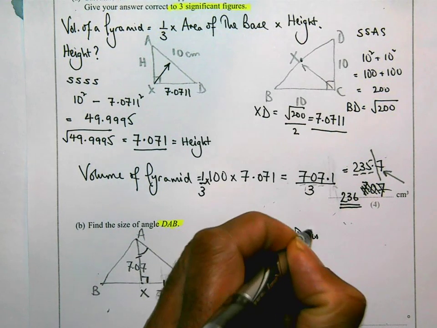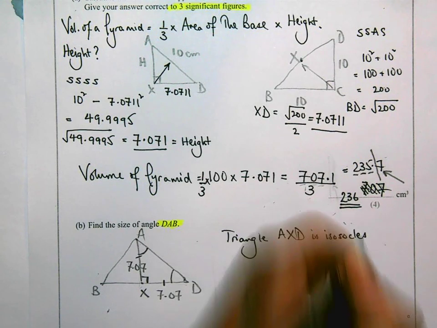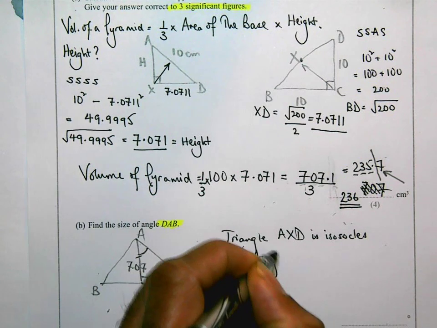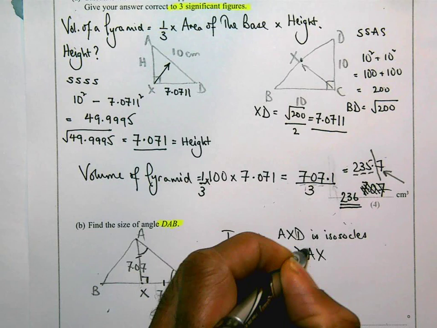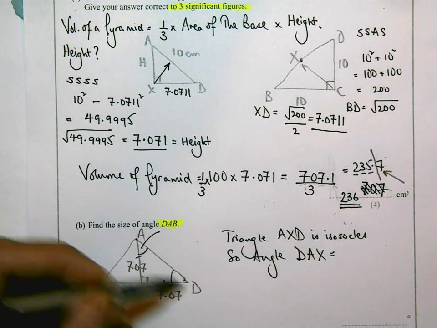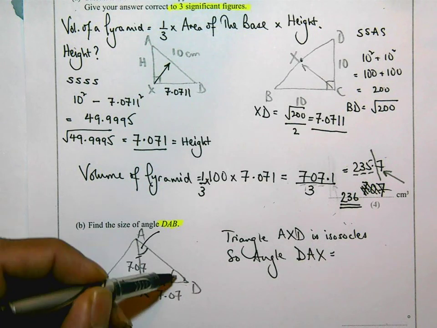So angle DAX, this angle here, but these two angles are exactly the same. So if that's 90, that means these two add up to 90, and half of 90 is 45. So DAX is 45 degrees.